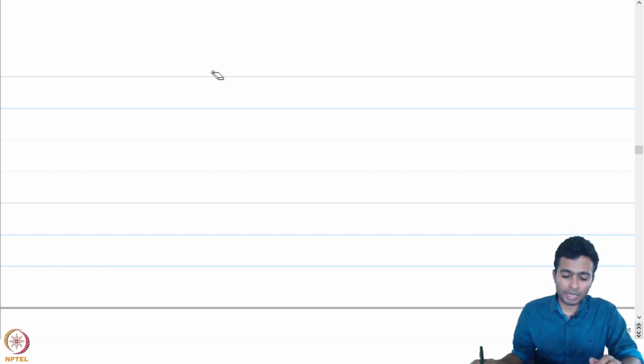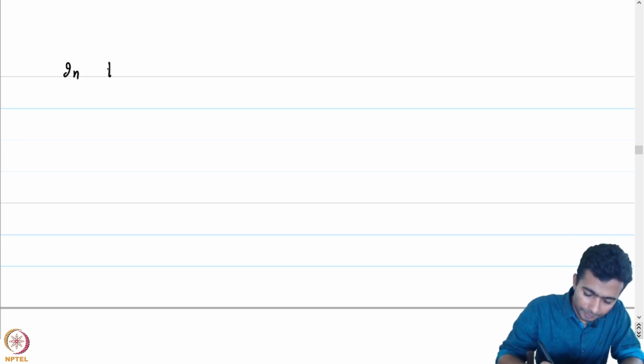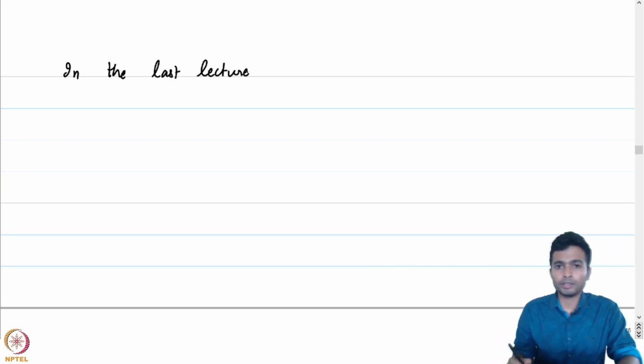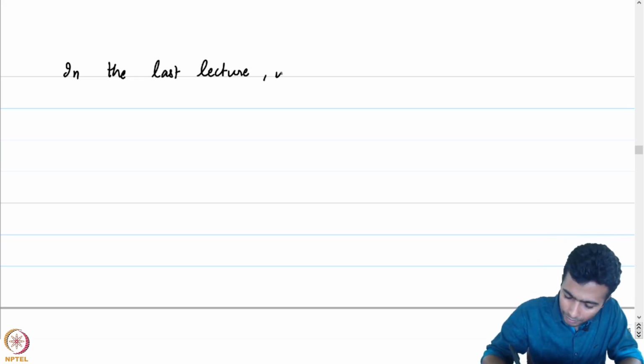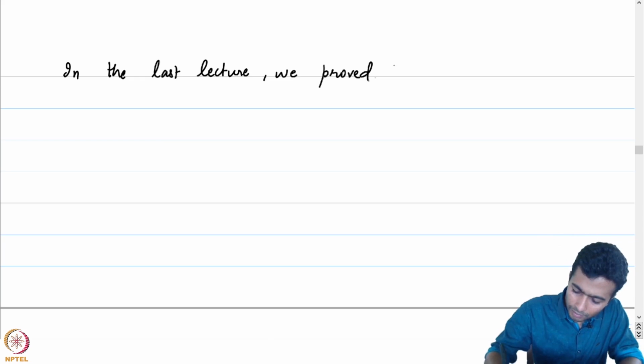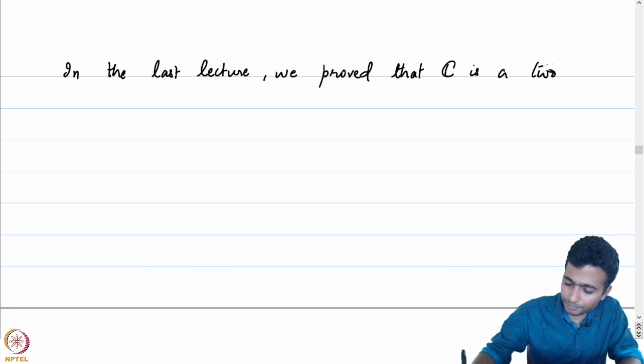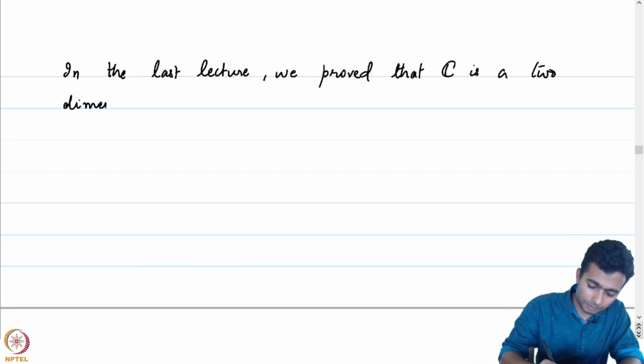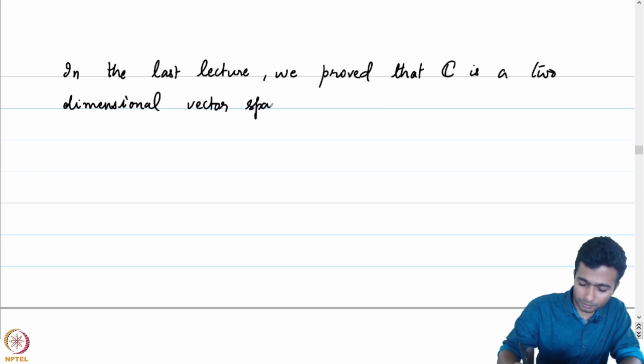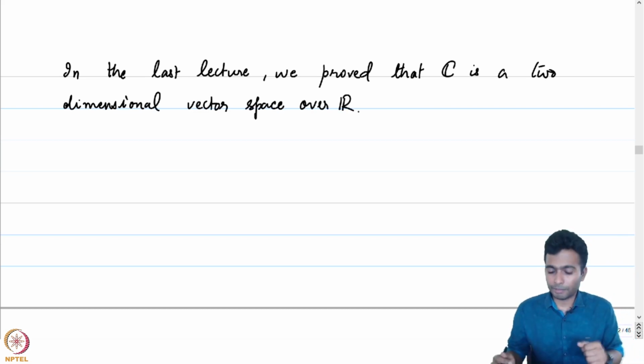So let's start this lecture by pinning down one of the observations which we made during the construction of the field of complex numbers. In the last lecture, we proved that C is a two-dimensional vector space over R. We in fact got hold of an explicit basis.